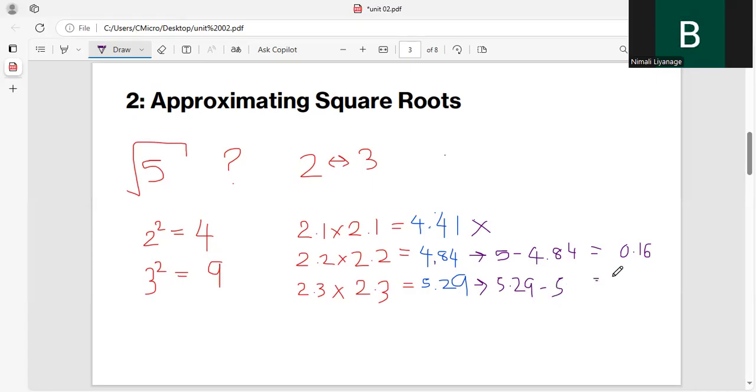It is simple, no? The difference is 0.29. So which is closer to 5? The smaller difference is the closer to 5. So 2.2 is the closest to the square root of 5, no?